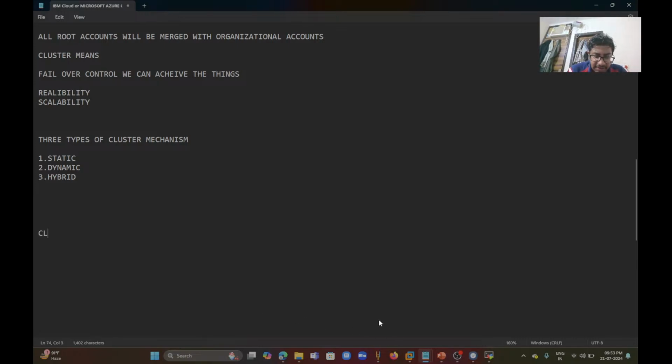In the cluster mechanism, cluster 1, these are the members. Cluster 2, these are the members. Cluster 3, these are the members.